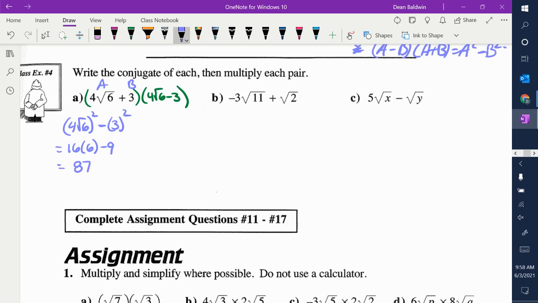So 87. People get it? I just wrote it. I just didn't say anything. Do people get that? All right. Next one. Write the conjugate of each. What is the conjugate of this?